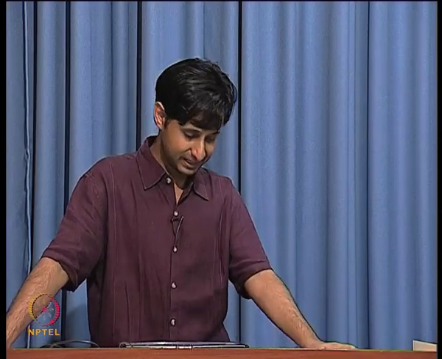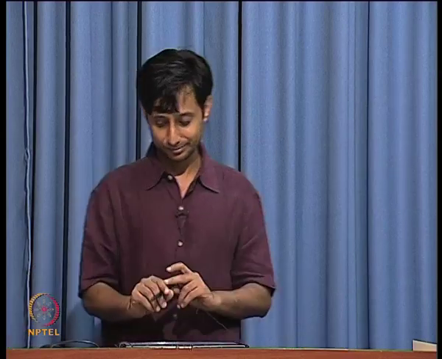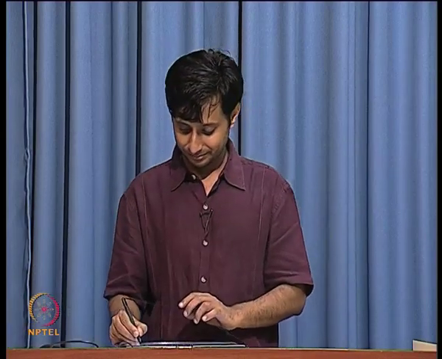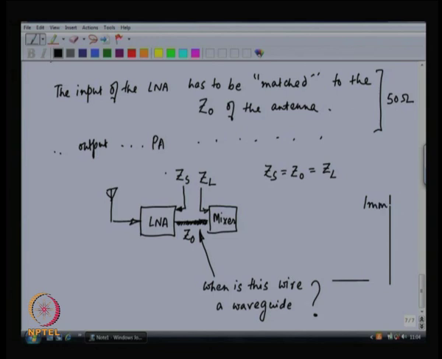So, if the wire is small, let us say the wire is 1 millimeter in length, then how much time does information take to travel from one side of the wire to the other?